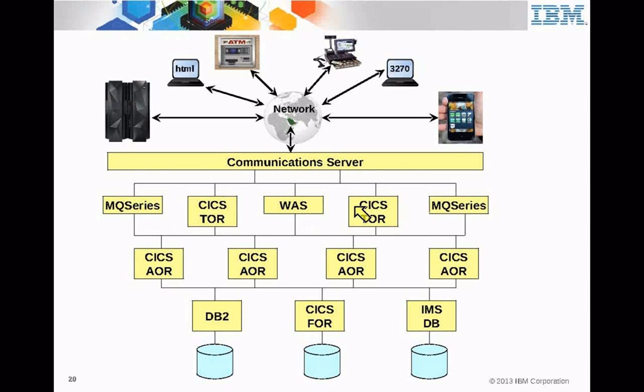But I want you to know something could come in CICS and it says go over to WAS, WebSphere application server, to do something. Or it could come in to WebSphere application server and say, I want to invoke a CICS transaction. And actually it may go down to here. This interconnectivity is very possible, and many people do things like this. Why might they have 2 or 3 of them?